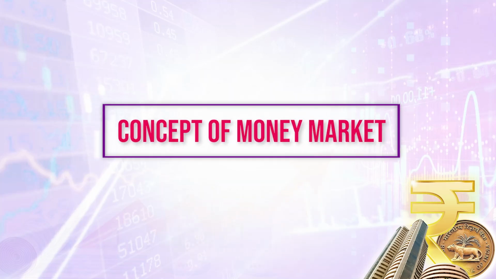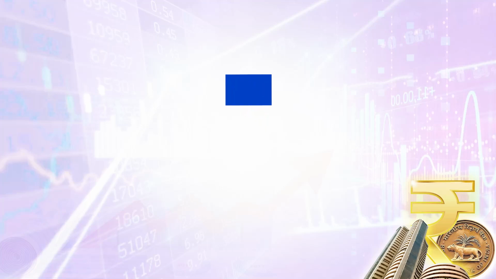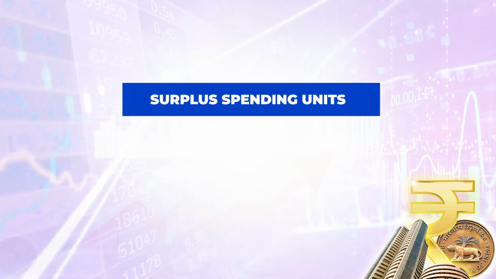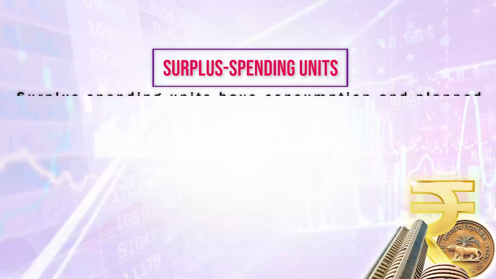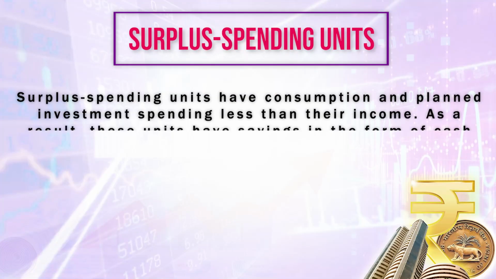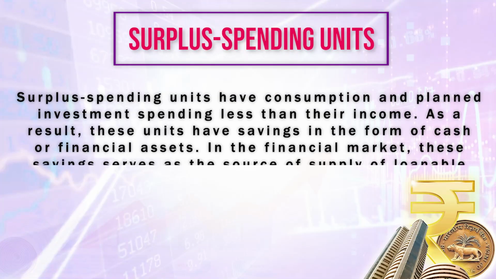Now, before going into the detail of the concept of money market, at first we should understand the basic concept of the financial system. In every economic society, you must understand that there are two fundamental economic entities. One is called the surplus spending units and the second one is called the deficit spending units. Surplus spending units are those units for whom income is more than their consumption and planned investment expenditure.